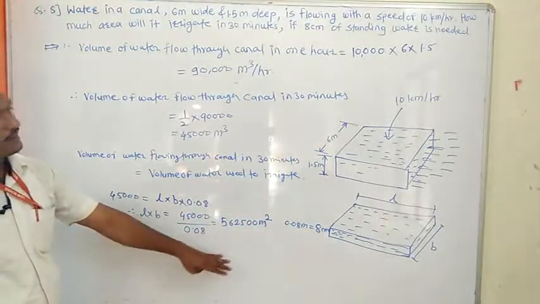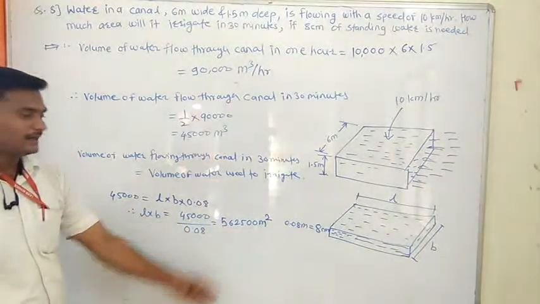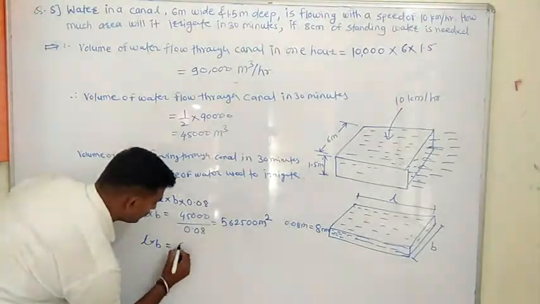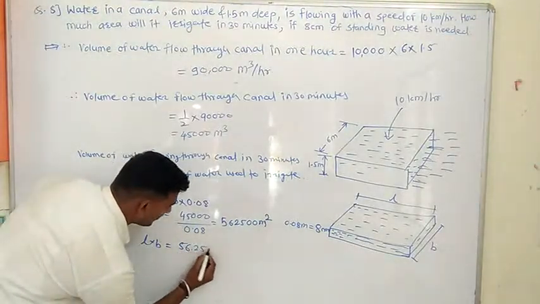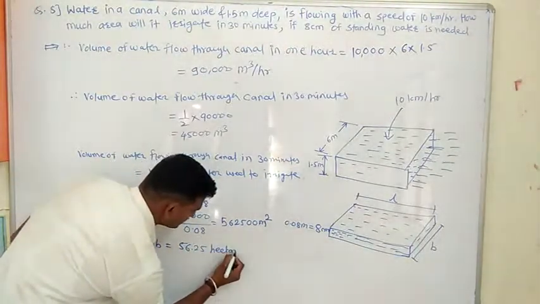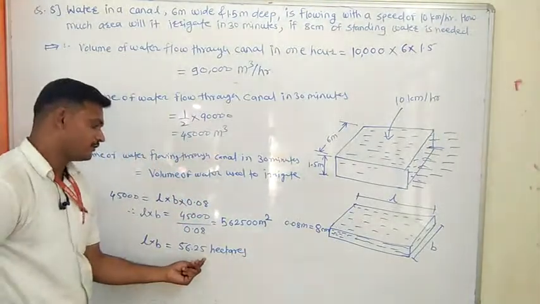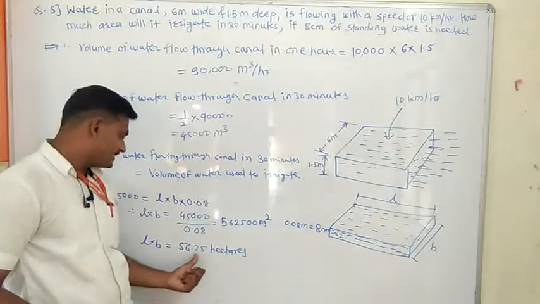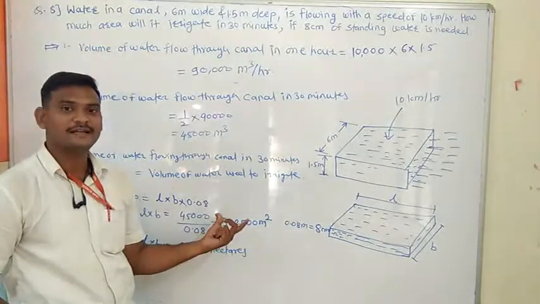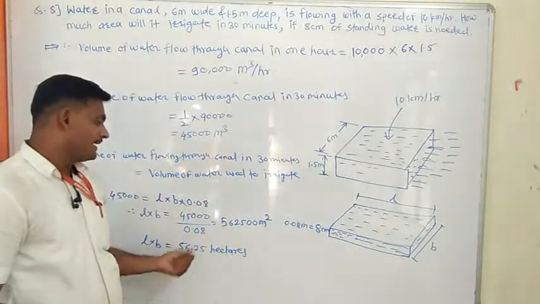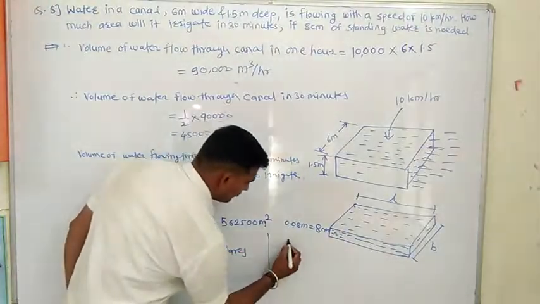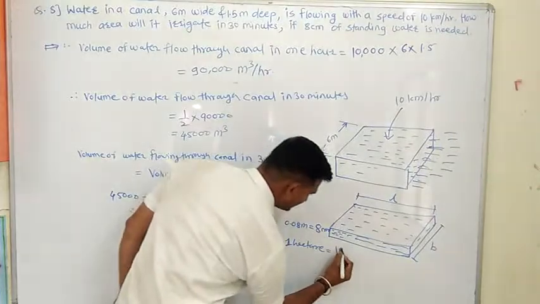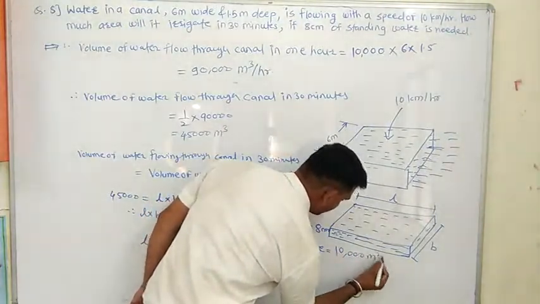Or if you want to convert into hectares, L into B is equal to 56.25 hectares. Now, what is the conversion unit? How many meter square is equal to 1 hectare? See here, 1 hectare is equal to 10,000 meter square.